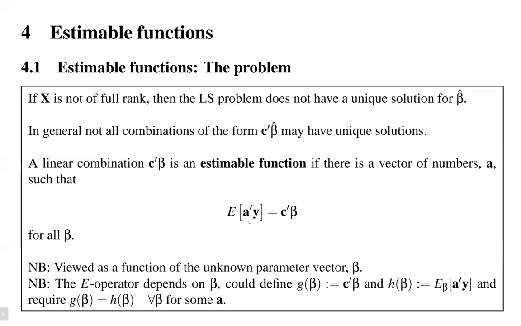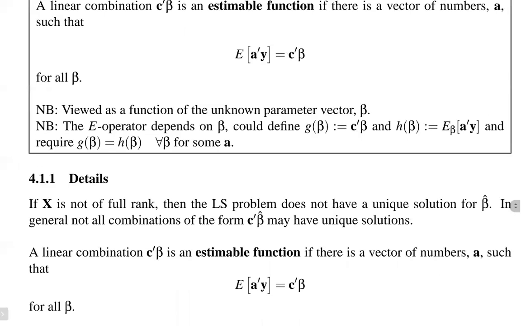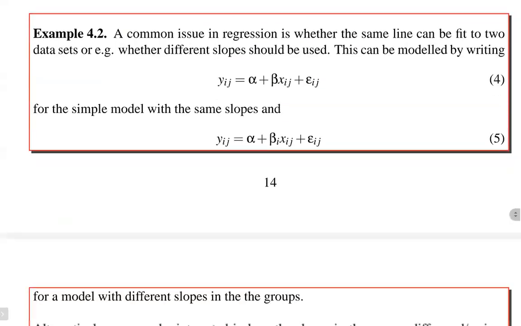So if there exists a linear combination of the data, so that the expected value of this linear combination is always equal to C prime beta, no matter what the assumption is on beta, then we call it estimable. And of course, A prime Y is the estimate. We want to see when is this estimable, when does this hold, and how do we estimate it.